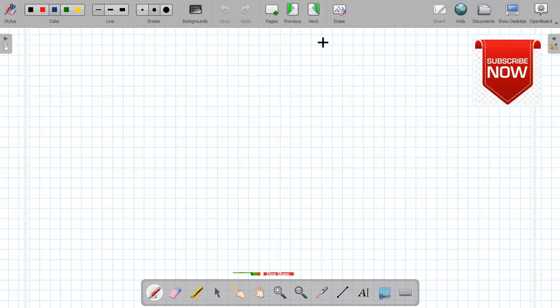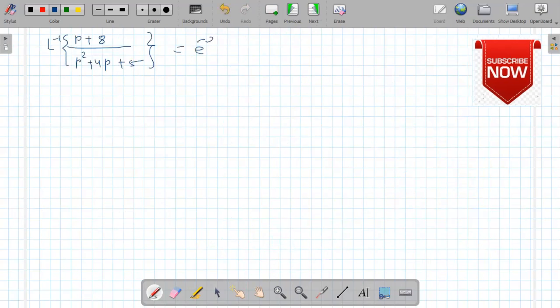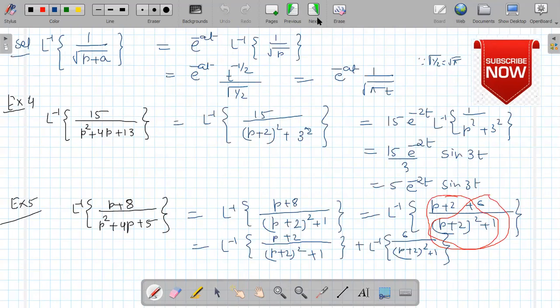Now this Laplace inverse of p plus 8 over p square plus 4p plus 5 is equal to e raised to power minus 2t Laplace inverse of p upon p square plus 1.